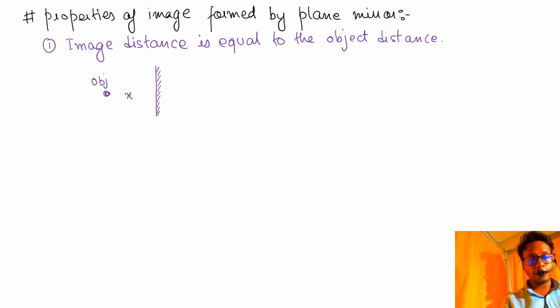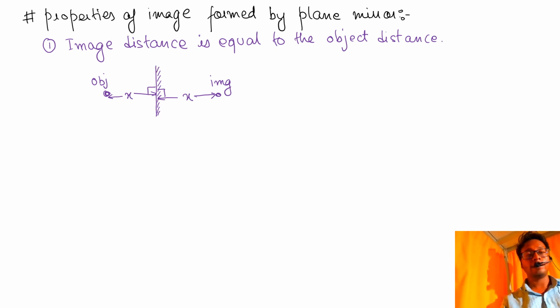Now this object is x distance away from the mirror. Mind you, this distance x must be calculated perpendicular to the mirror. Our law of reflection says that the image that is formed would also be x distance from the mirror. Mind you, this distance x must make a 90-degree angle with the mirror.